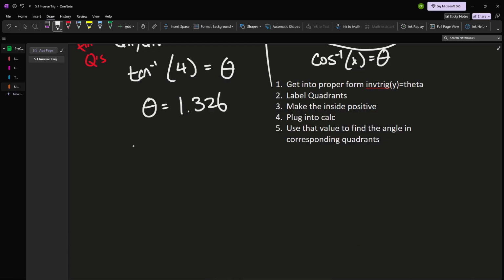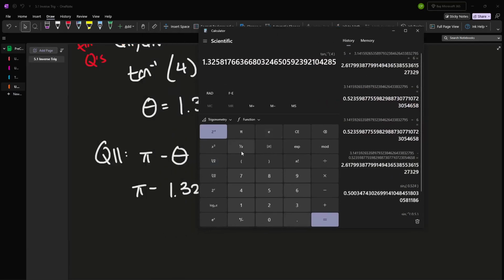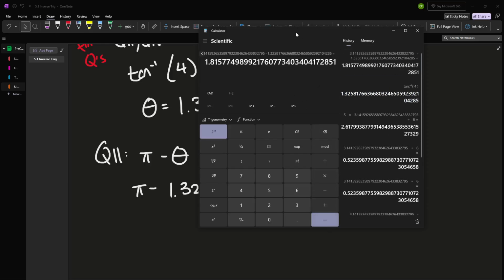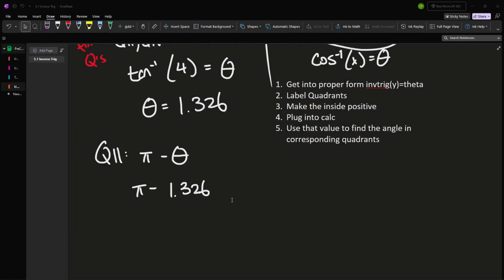So in quadrant 2, I want pi minus theta, pi minus 1.326, to get a value of 1.816. Now we go on to quadrant 4.